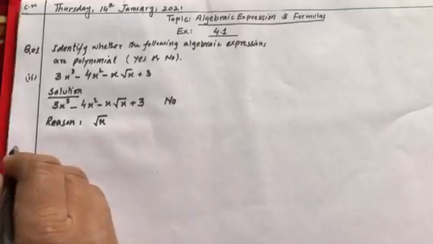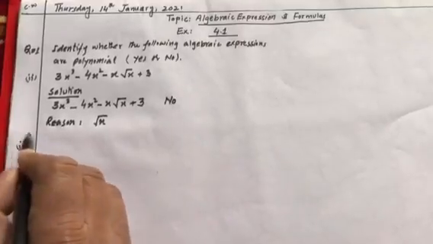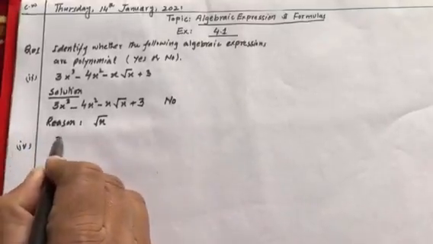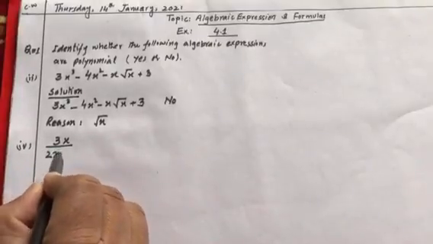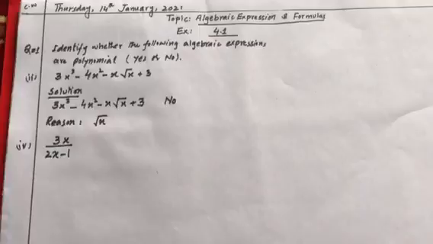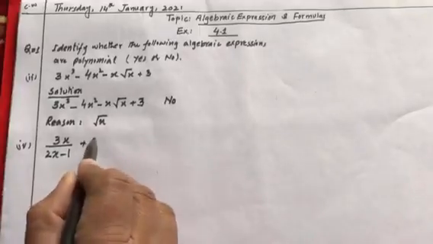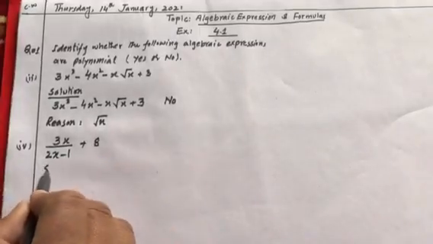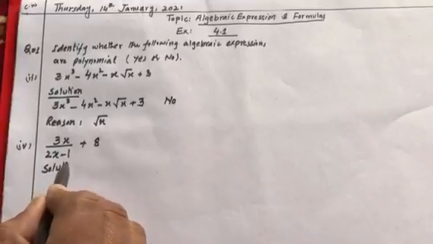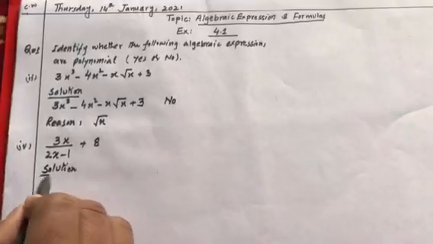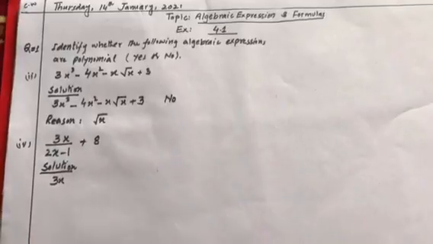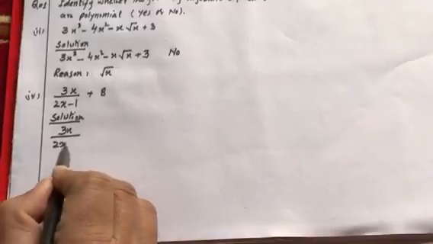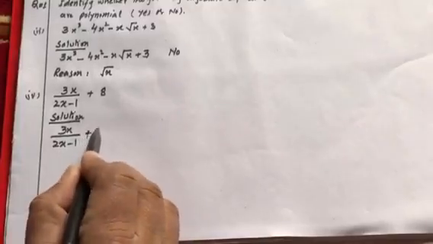Now we are going to solve the fourth part, which is 3x/(2x − 1) + 8. So in the solution we write the algebraic expression again, 3x/(2x − 1) + 8.